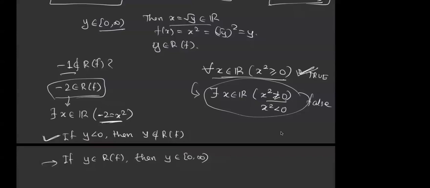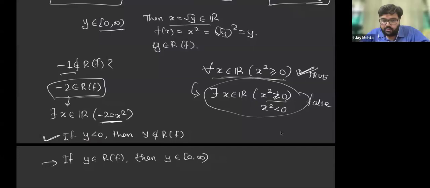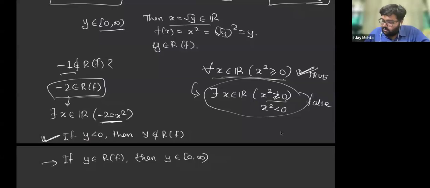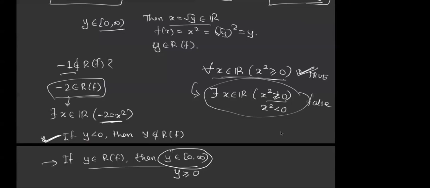Y is greater than or equal to 0, in 0 to infinity. And in the first statement, y is less than 0, so y does not belong to the range of f. Yes, this we have already shown. And this is what we want to show. Do you see any relation between this? So this means I have to show that y is greater than or equal to 0.